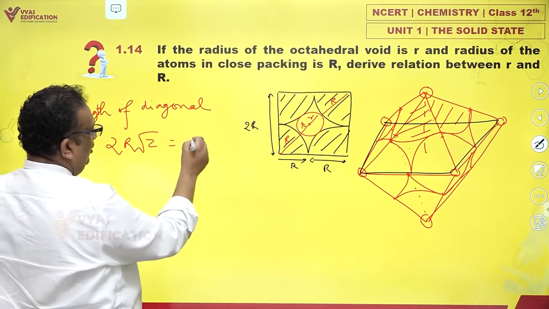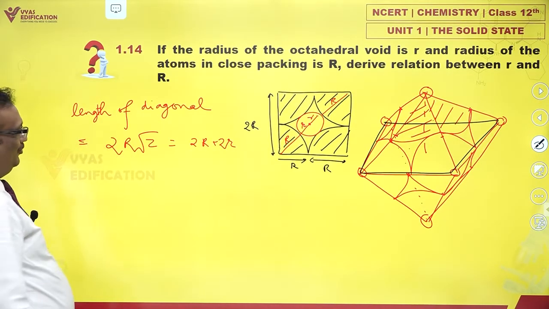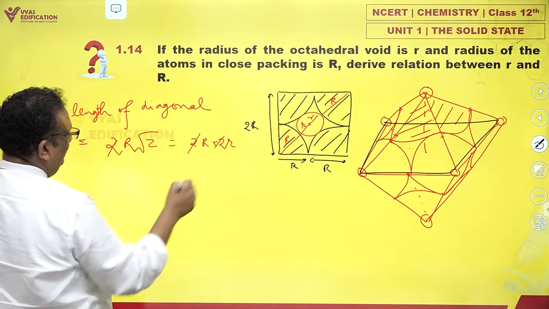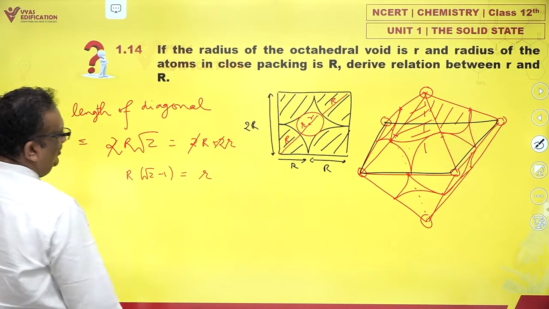And that should be equal to 2 times capital R plus 2 times small r. So the 2 cancels off, and so capital R times (root 2 minus 1) is small r.